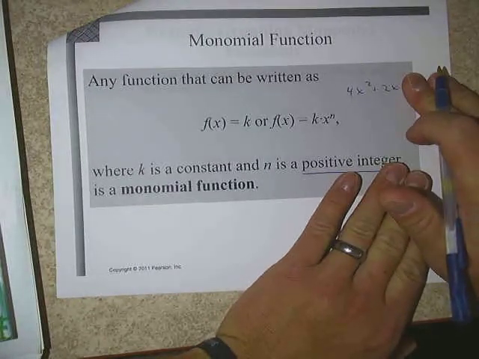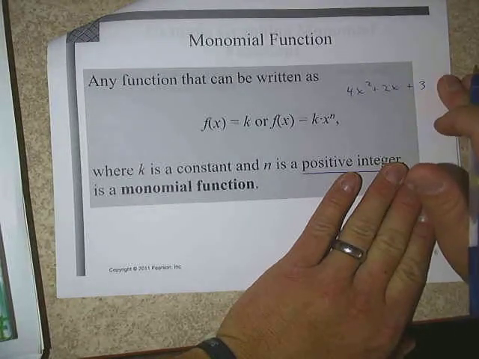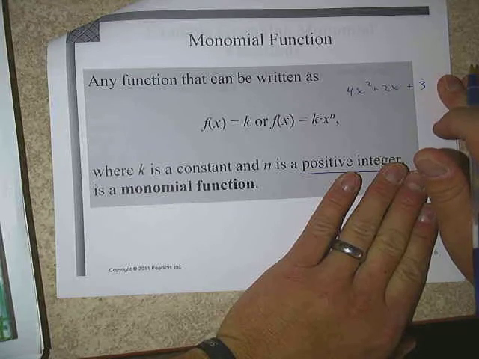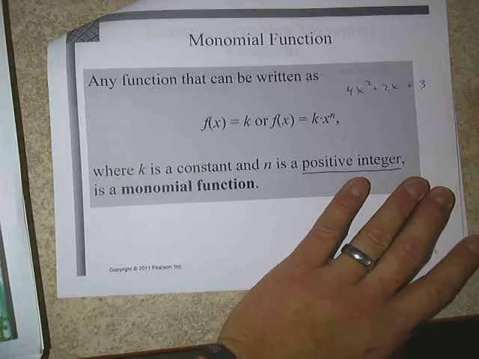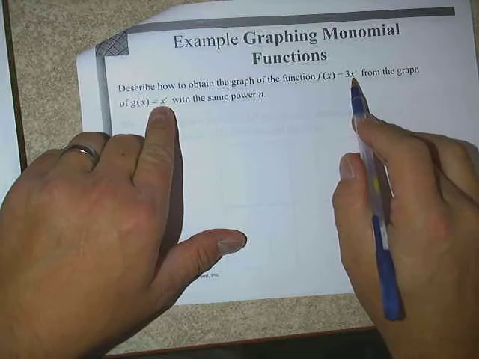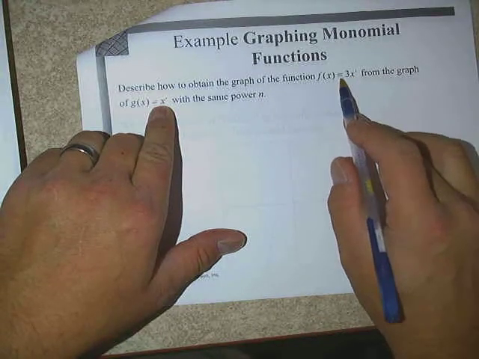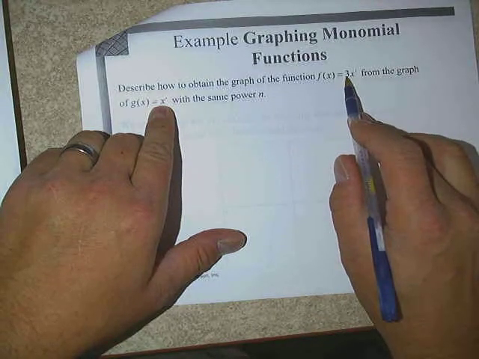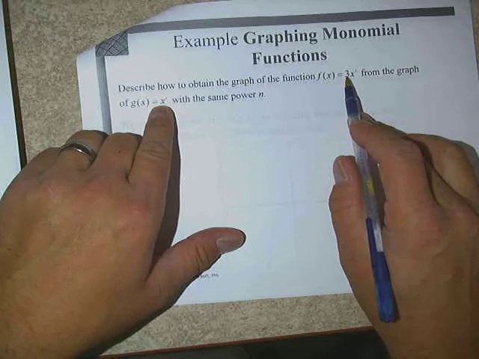Okay, so these two would qualify as monomials. And when we put those monomials together, we get polynomials. Because in Latin, poly means many. So monomial. If we just had these two, we would call that a binomial. If we have all three of these together, we'd call that a trinomial. And then after trinomial, then we just use polynomial. There's no numbers for 4 terms and so on. Okay. All right.